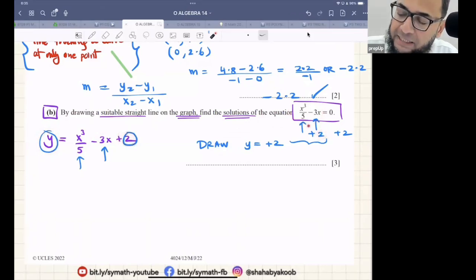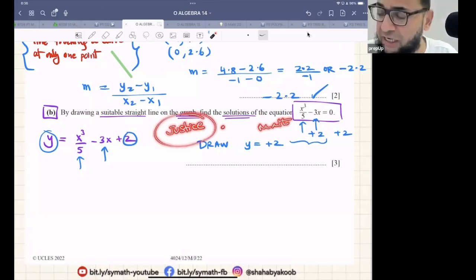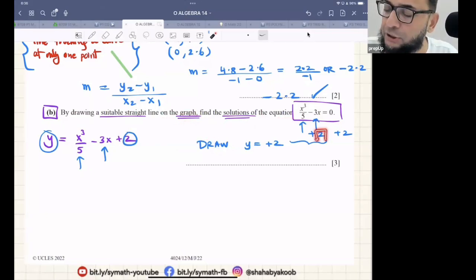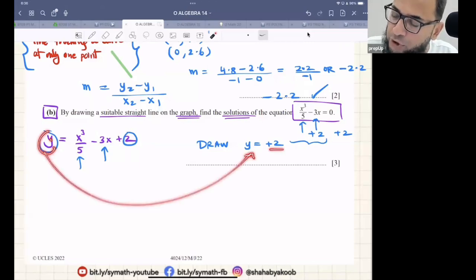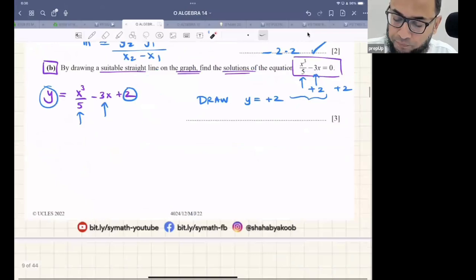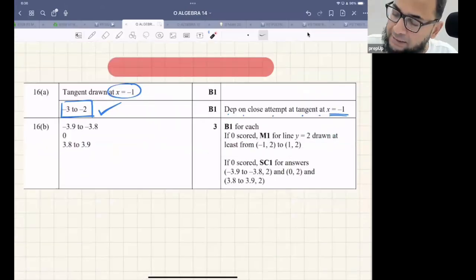I added a plus 2 on this side. In mathematics, whatever operation you do on one side, if you do it on the other, that is perfectly good. So I added plus 2 on both sides. When I added plus 2 on the left hand side, that becomes y. So y equals whatever constant is left, that is y equals 2. Now this is the answer.